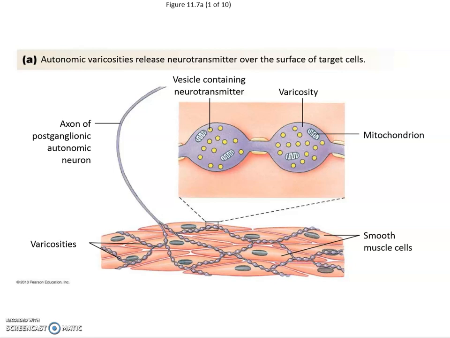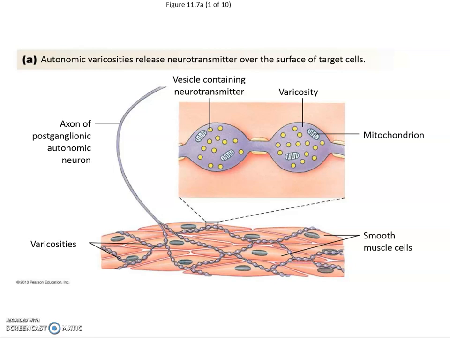Or same is true for the GI tract. Well, how do you achieve these smooth kind of contractions that will move stuff along? The answer to that is that we have these varicosities. That means the autonomic axon will run into the tissue, and it has these little bulges. They're enlarged.